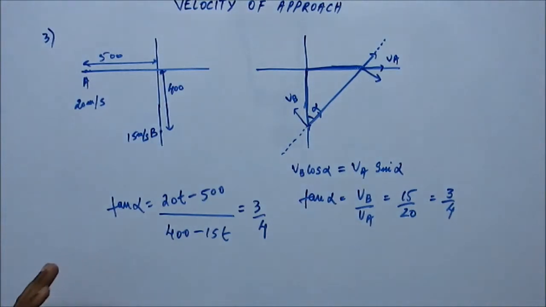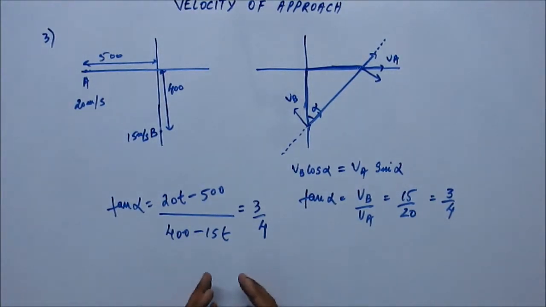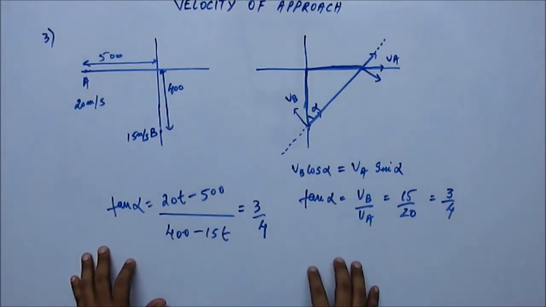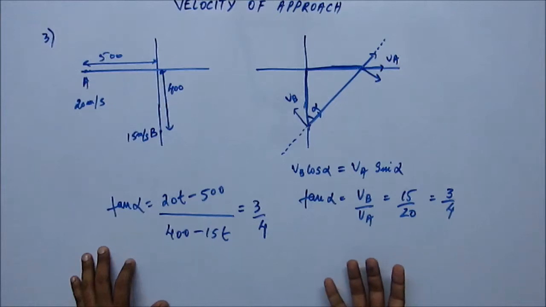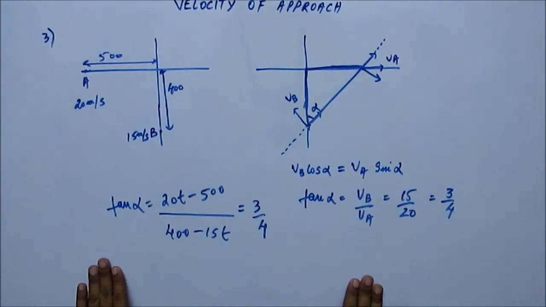We will study the concept of velocity of approach and the distance of closest approach. This was just an introduction, a preparation for you to study that chapter. But whatever we have studied here should be clear here itself. So solve this problem one more time using all the 3 methods we have done.